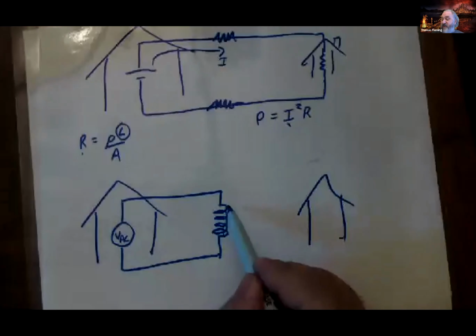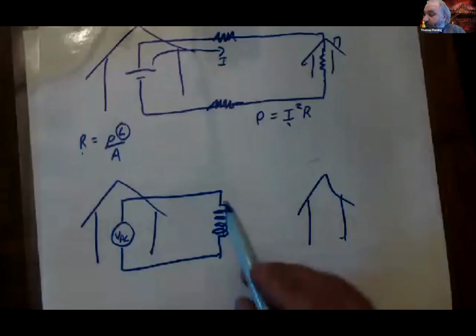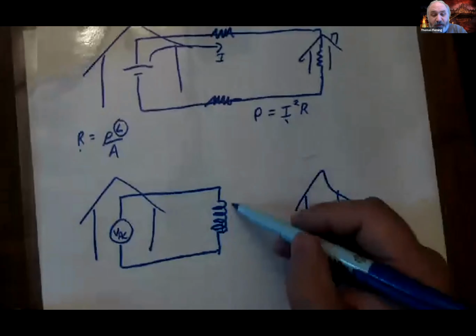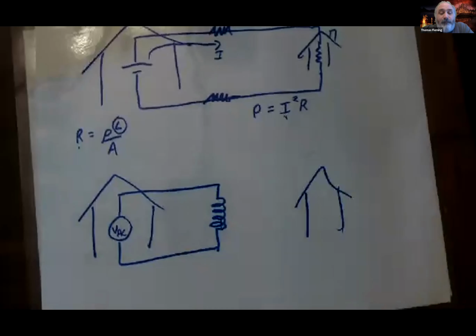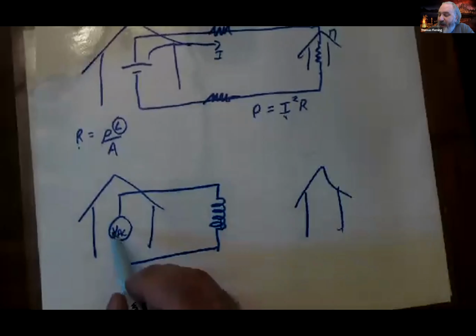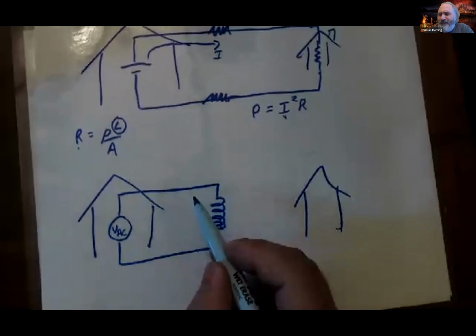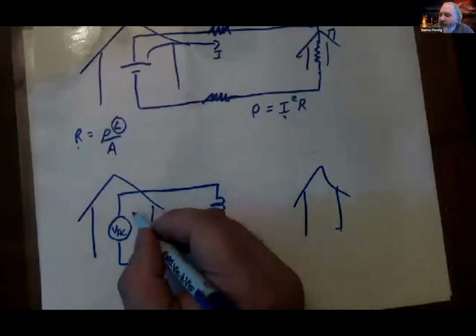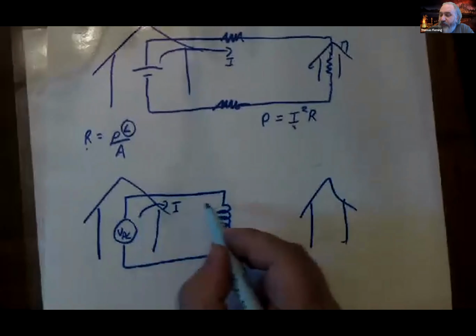And changing a magnetic field inside a coil creates a back EMF. So there's going to be a voltage from Faraday's law across this coil. And that voltage pushing back against the battery is going to keep the current very, very low. So there's very little current traveling through these power lines.